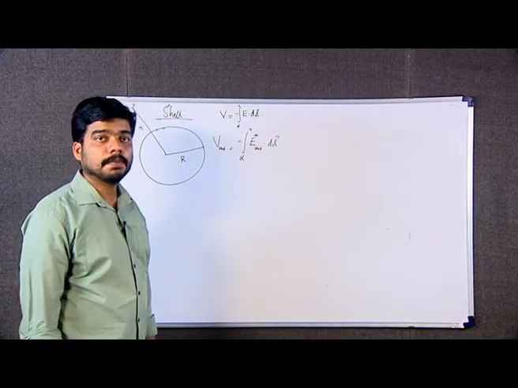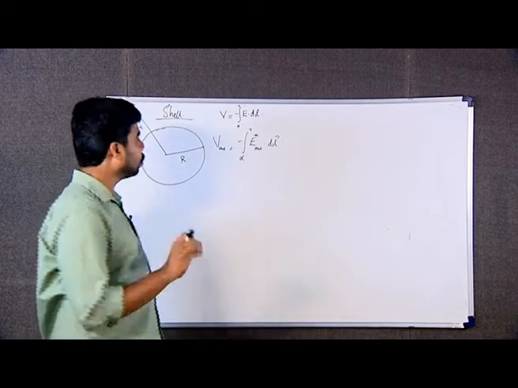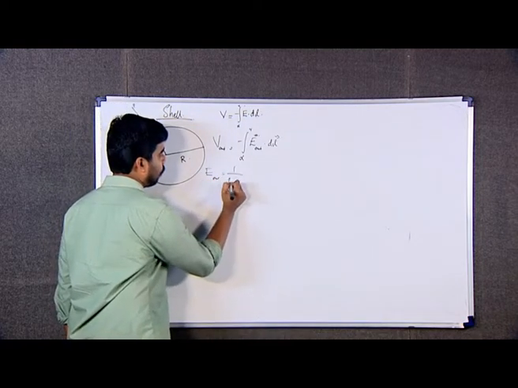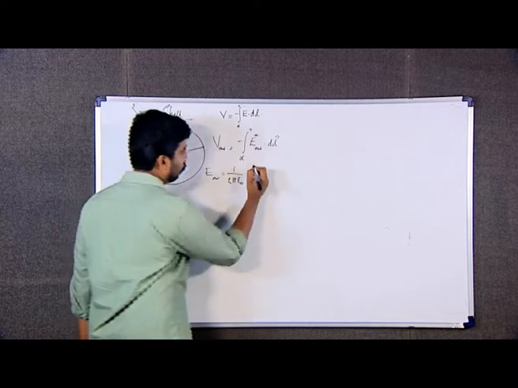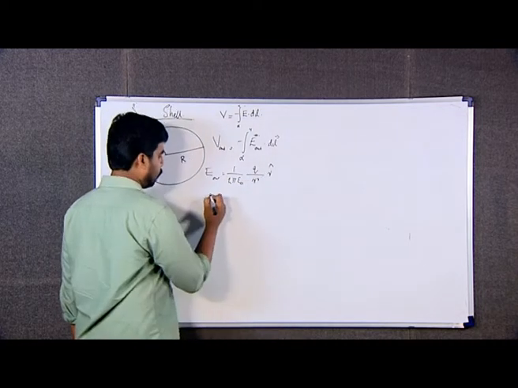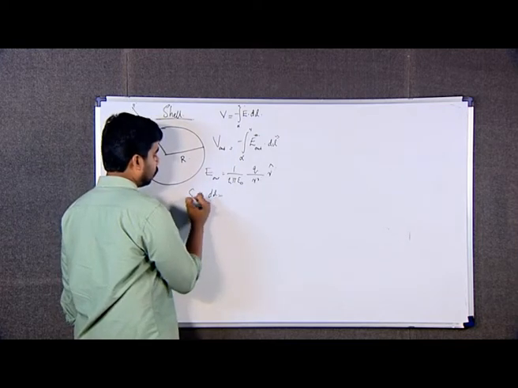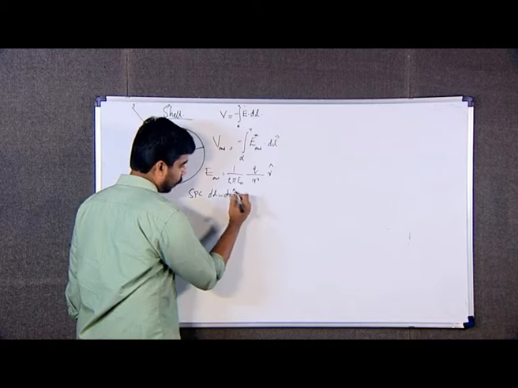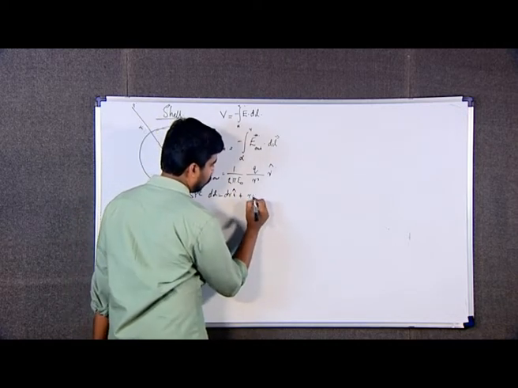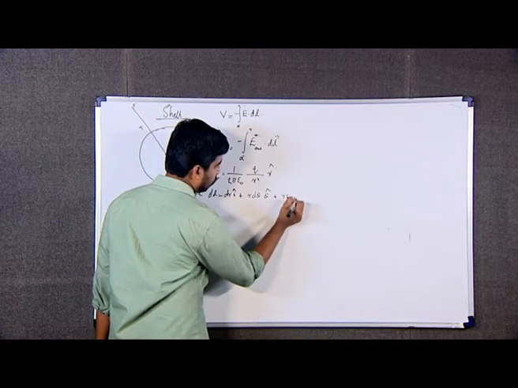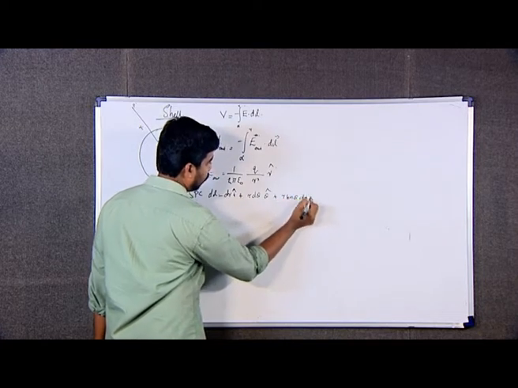What is the electric field produced outside the shell? We know that E out is equal to 1 by 4 pi epsilon 0 q by r square into r cap. Similarly, dl in the spherical polar coordinate system is dr r cap plus r d theta theta cap plus r sin theta d phi phi cap.